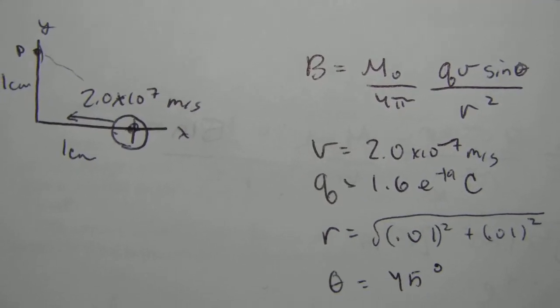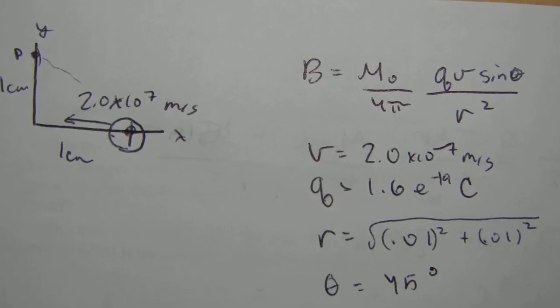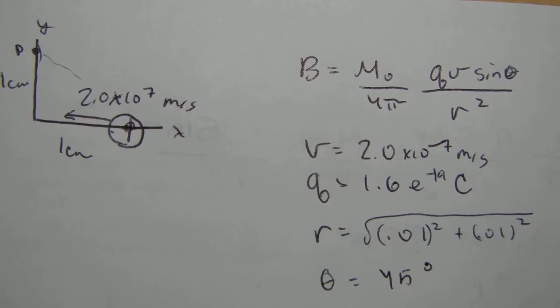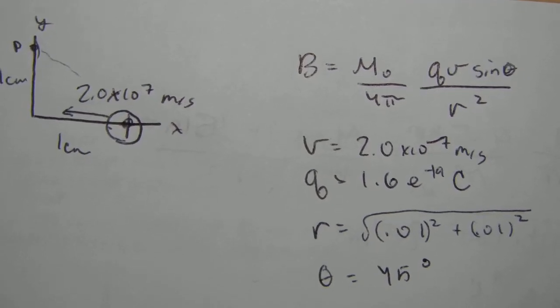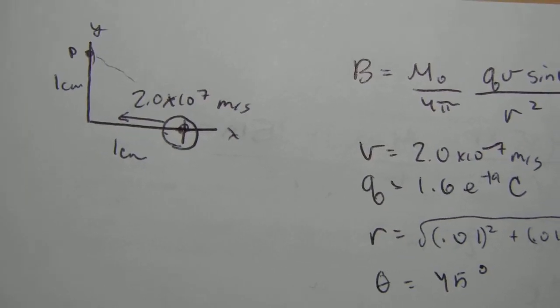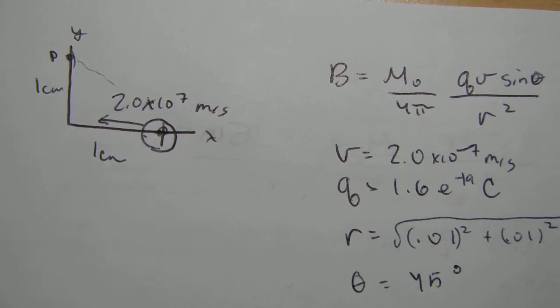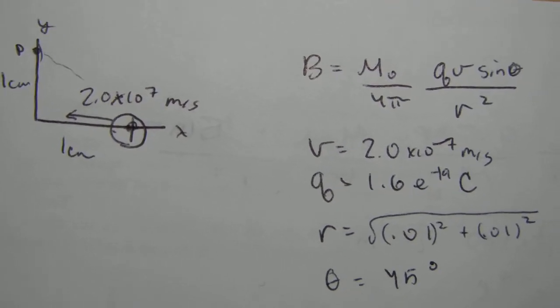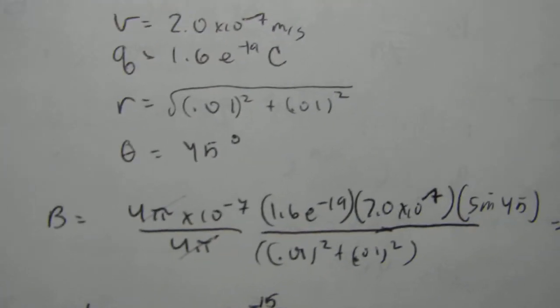And so also we have the angle between our radius and the horizontal, which is 45 degrees, as you can see, because both of those 1 centimeters make it a 45, 45, 90 triangle. Okay, anyway, so now you just want to plug it in.